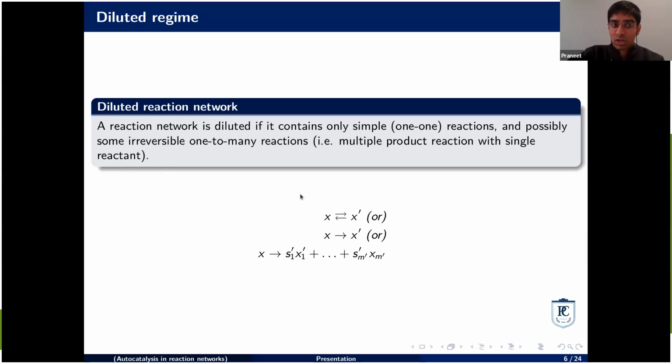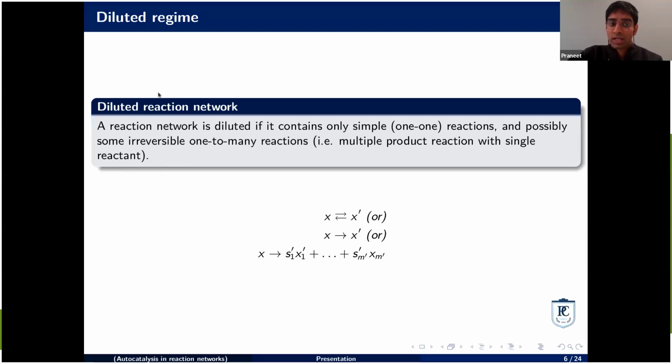These conditions correspond to the diluted regime because when we have very low concentration, we assume that under mass action, there's such a low chance of two species meeting that any reaction which has two reactants will take too long to happen, and that will be beyond the scope of the time regime that we are looking at.